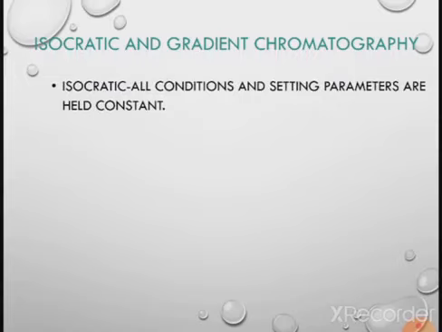In the gradient system, one or more of the parameters are varied. That means we can vary one or more parameters during the analysis with respect to time as per our requirement.